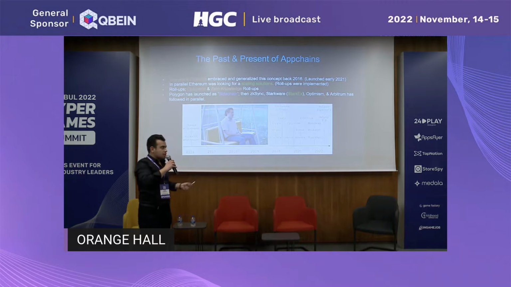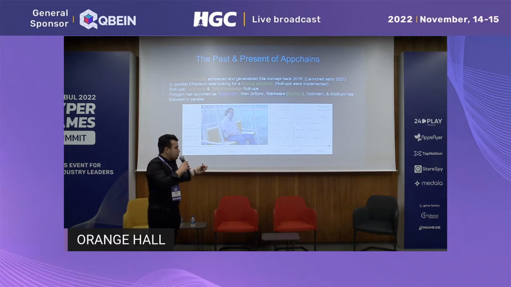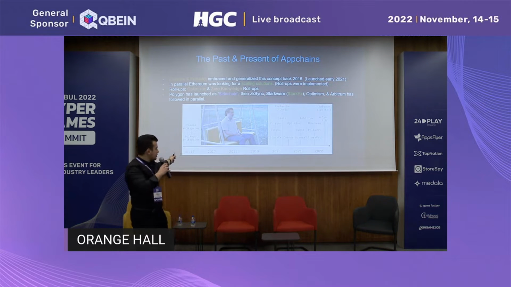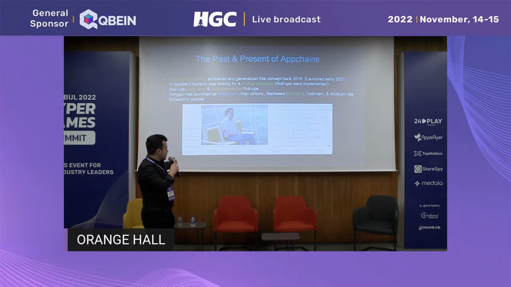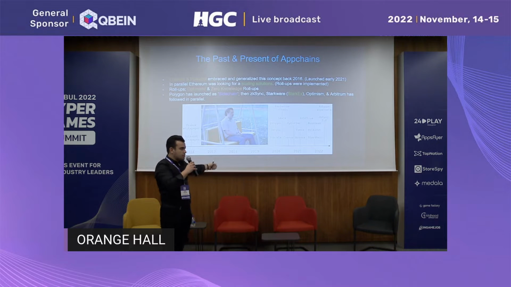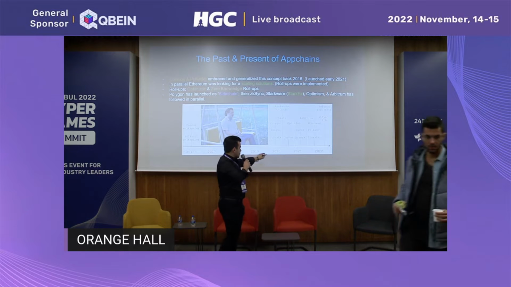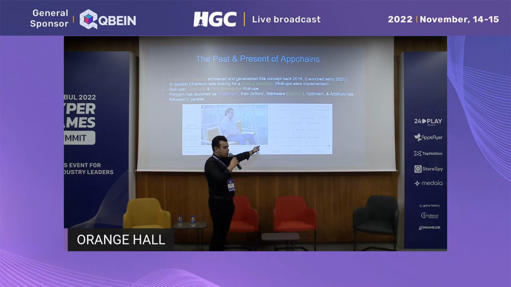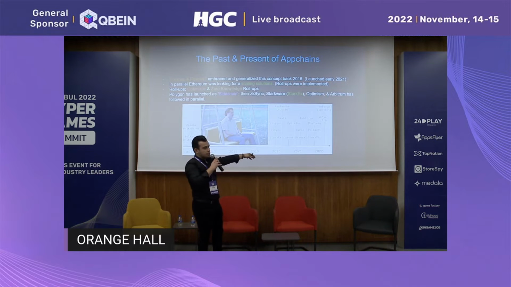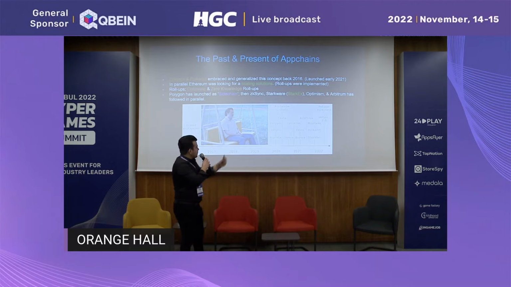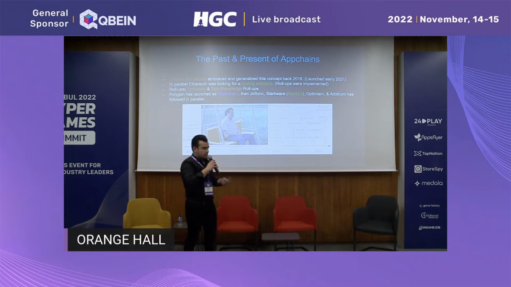It all started with the publishing of the Cosmos and Polkadot white paper in 2016, and it took 5 years for the blockchains to be launched. While these were happening, the bull run had started in 2020. In 2020, Polygon launched as a sidechain to the Ethereum network, and Polygon brought some scaling solutions to Ethereum.